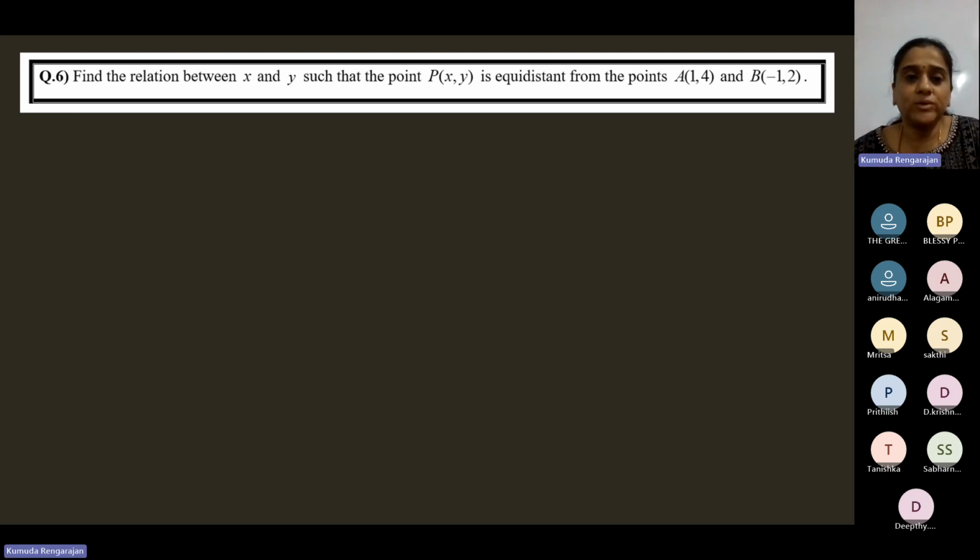Find the relation between x and y such that the point P(x, y) is equidistant from the points A and B. Similar working. Just work like the earlier one. See, what's the condition? Again, PA is equal to PB is the condition.